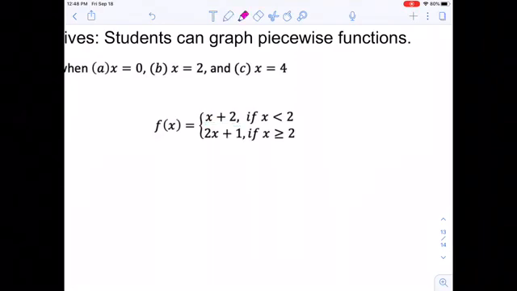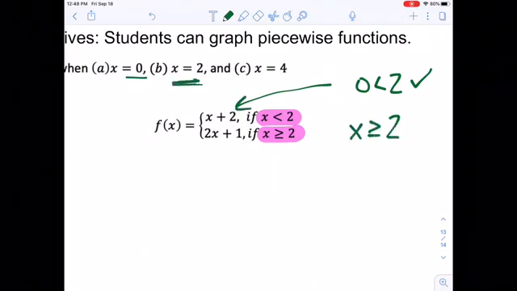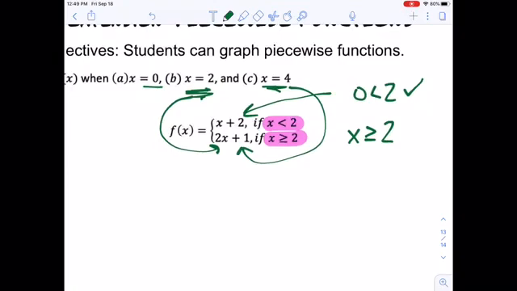You first look at your inequalities. So if the value for x is less than 2, which it is here, you are going to plug into this equation. If the value for x is greater than or equal to 2, as it will be for B and C, you will plug these both into the second equation, okay?